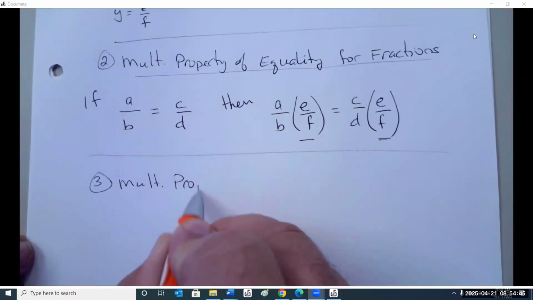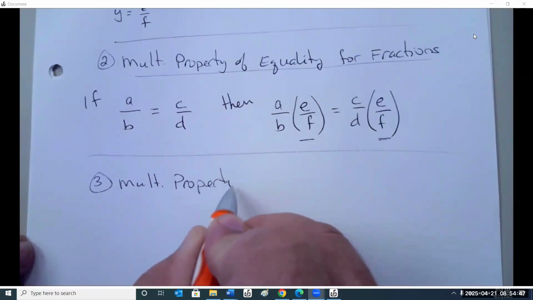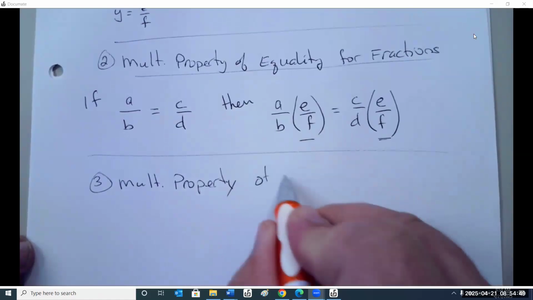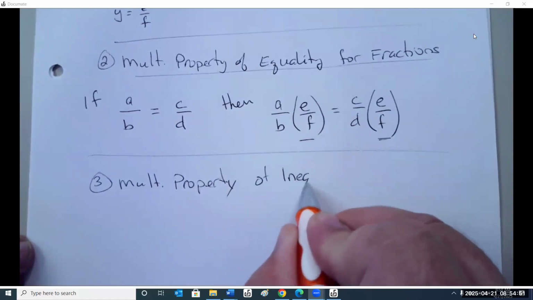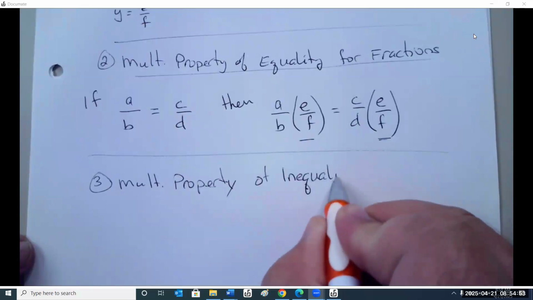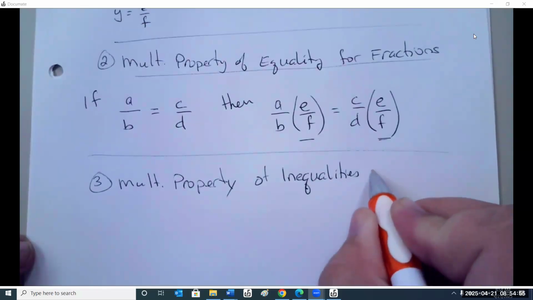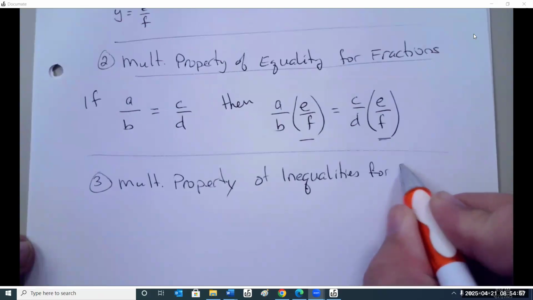Multiplication property of inequalities for fractions.